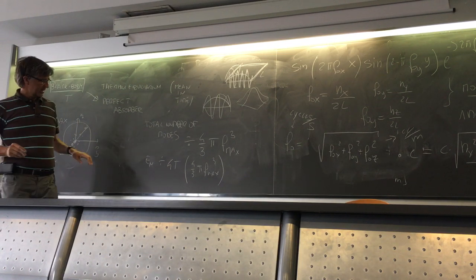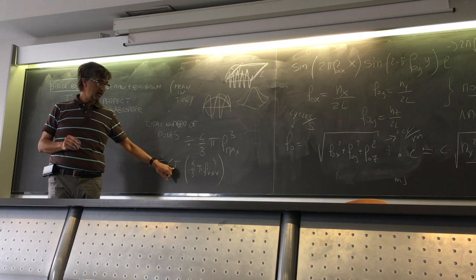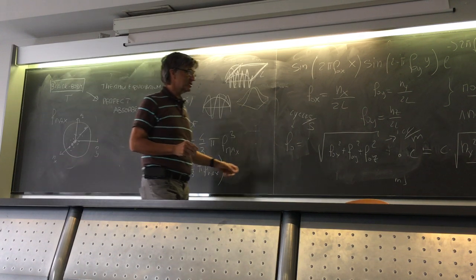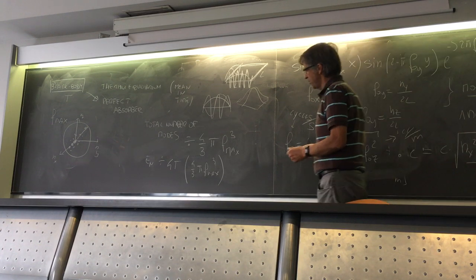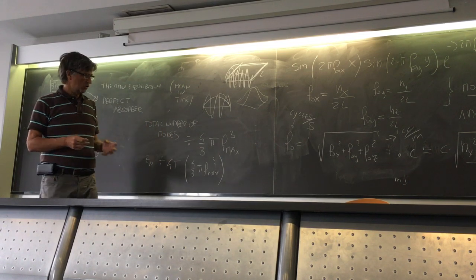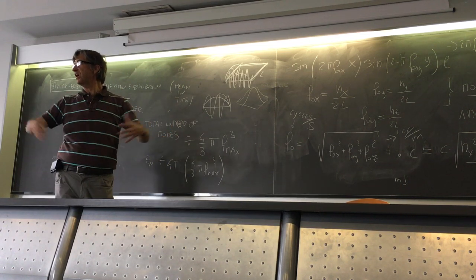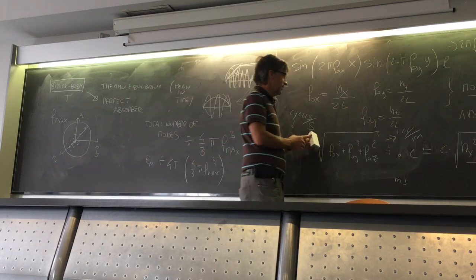Okay? So this means that the energy increases with your temperature. And then, of course, in the F max there is also the size of the object and so on, but it depends on the maximum frequency. So if you increase the frequency, you can have much more dispersion of energy.